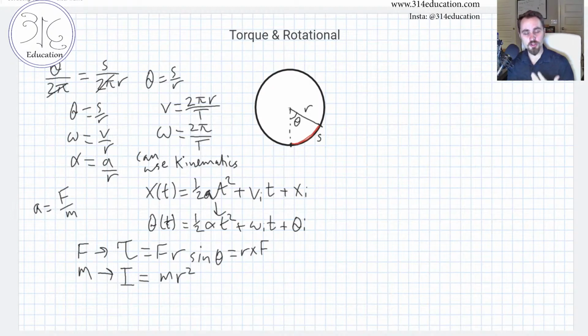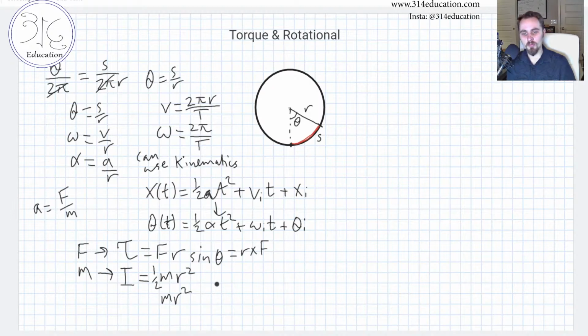So it's resistant to changes in rotation. And then we often have different cases based on the object for our coefficient here. This could be a 1/2 for a cylinder. For a point-like mass, it's just m r squared. And then there are different cases, like maybe you're oscillating around a rod.